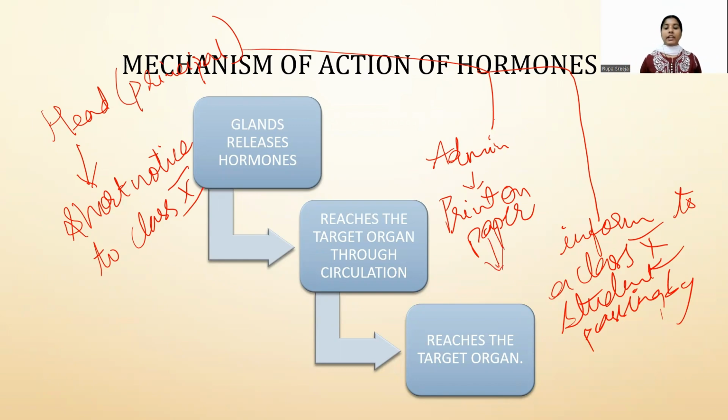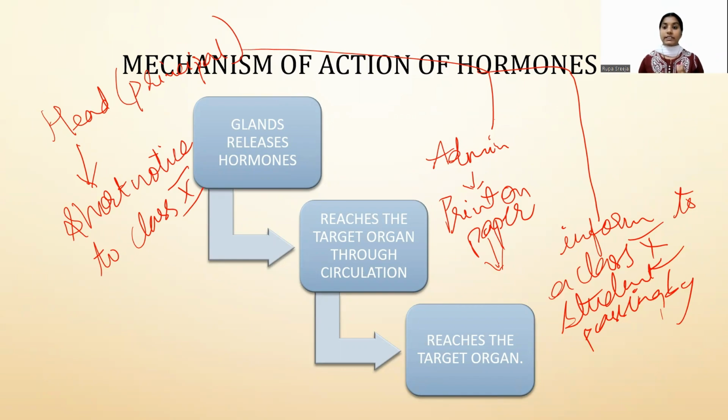What will happen? The piece of information that is printed on the paper, let's take it as the hormone. This piece of information is carried by a person to class 10.